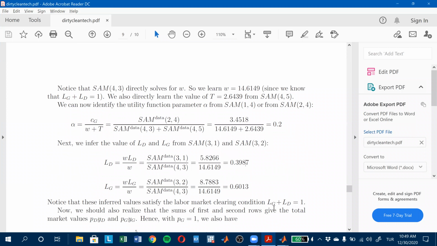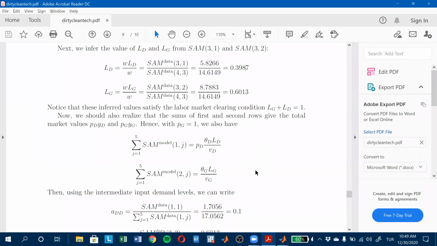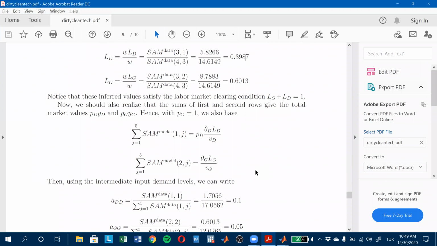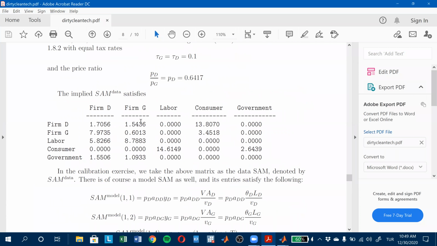So why is knowing LG and LD important? Because from there, we're going to go to other parameters. How? Well, one thing that is important, and maybe we haven't discussed this very explicitly in the last couple of weeks. If you look at this row, this gives the total market value of the dirty output, right?